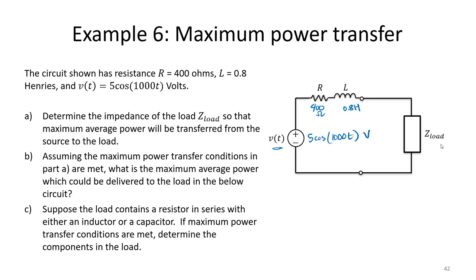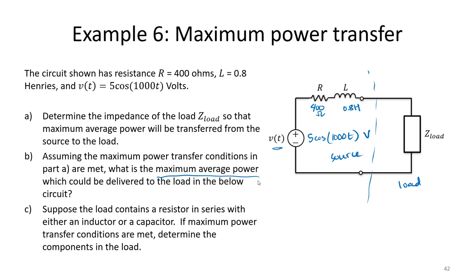And notice our load is not known yet, but we have basically our source on the left-hand side and the load part of our circuit on the right. First part of the question asks to find the impedance of the load so that maximum average power will be transferred. Next part asks what will be the maximum average power we're able to deliver.